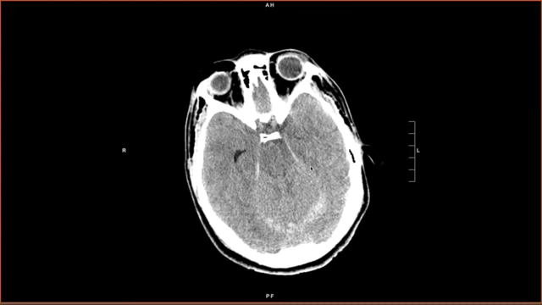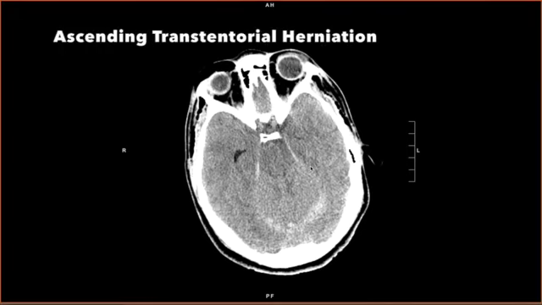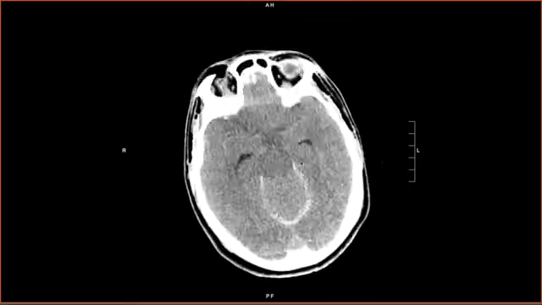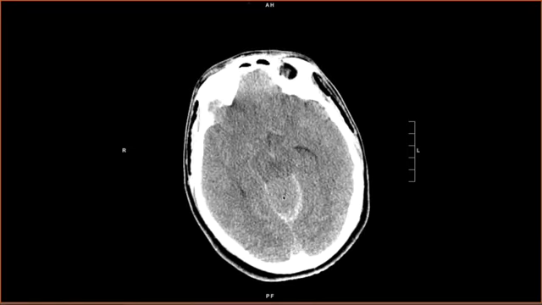I've only mentioned the three most common and important herniation syndromes, but there are more to know. For example, ascending transtentorial herniation occurs when there is mass effect causing infratentorial brain to herniate upwards through the tent, as in this example here. Notice that the quadrigeminal cistern here that should sit behind the midbrain is completely effaced as a result.